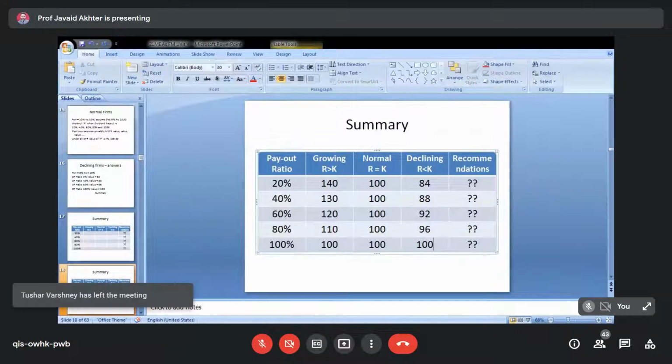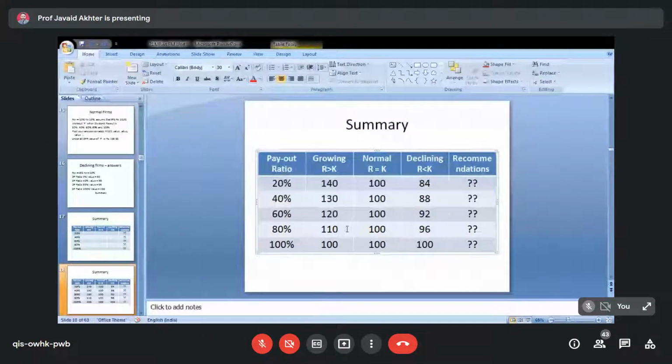Sir, I have a question. Yes, sure, go ahead. Sir, let's suppose a person expects 20% dividend payout, but the company is not paying any dividend for multiple years. Is it necessary for an investor to sell his entire holding? Which firm are you talking about? It's a growing firm. Correct.